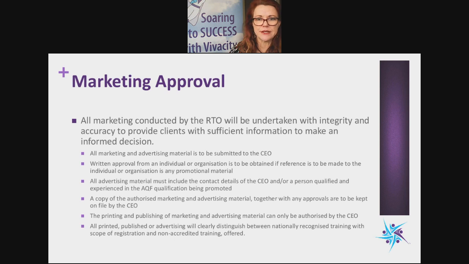Now, if your process is different, and you do not have a process where your marketing is approved by the CEO, you need to change that in your Q&C manual so that it actually addresses who is responsible for signing off on marketing. In the end, the CEO is responsible according to the standards, so it doesn't matter who's signing it off, it will be the CEO that is responsible for all marketing and all compliance with the standards for RTOs.